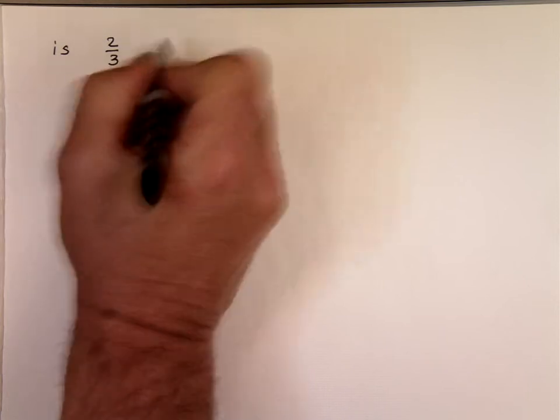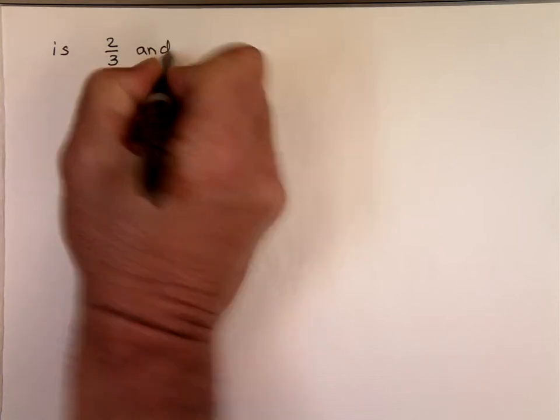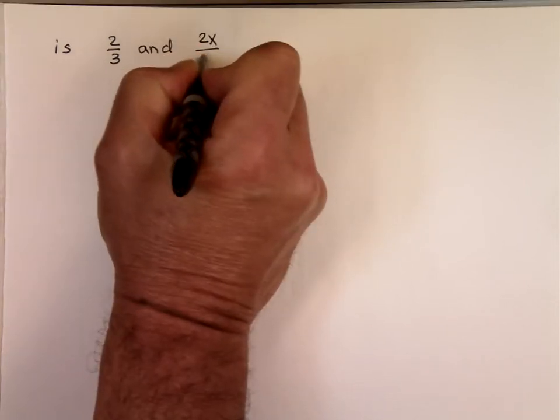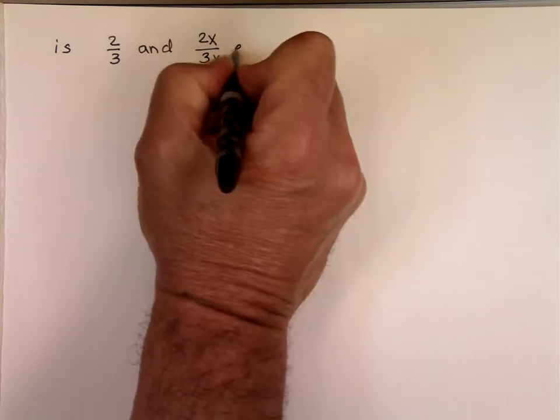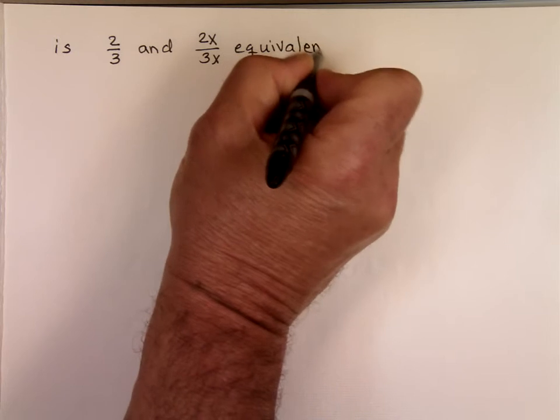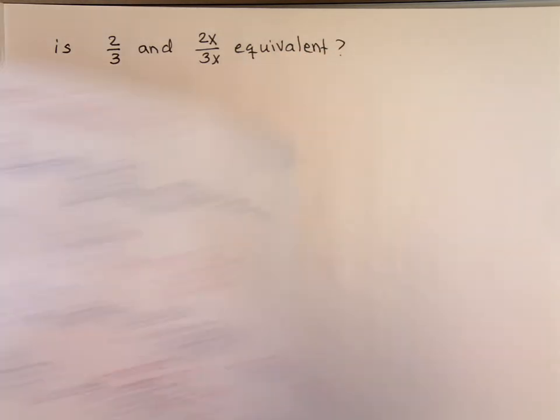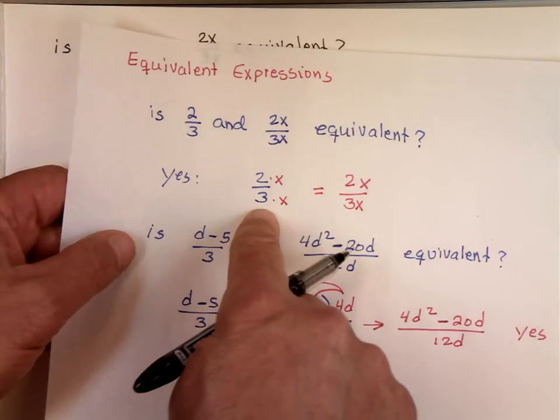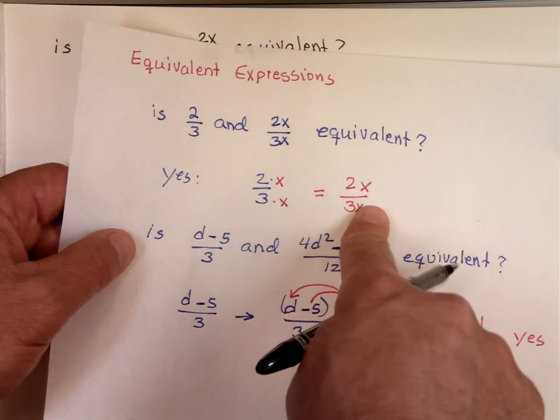I'm going to do the problem differently here. Is 2 over 3 and 2x over 3x equivalent? We know the answer is yes. We just did that. We took the 2 over 3, we multiply the top and the bottom by x to make it look like this. Now I'm going to work it backward.